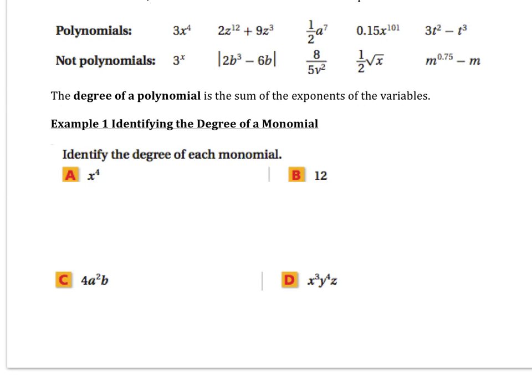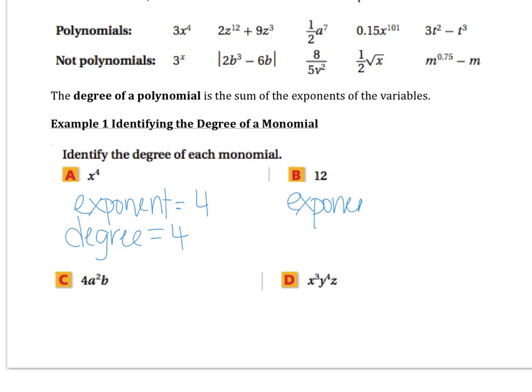Well, this monomial only has one exponent, so the degree, or the exponent, is 4, so the degree is 4. The exponent of an integer is 0, so the degree is 0. Oops, sorry, 0.